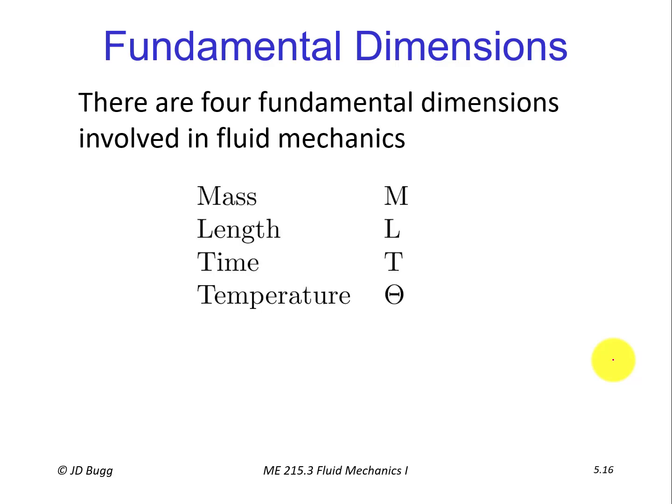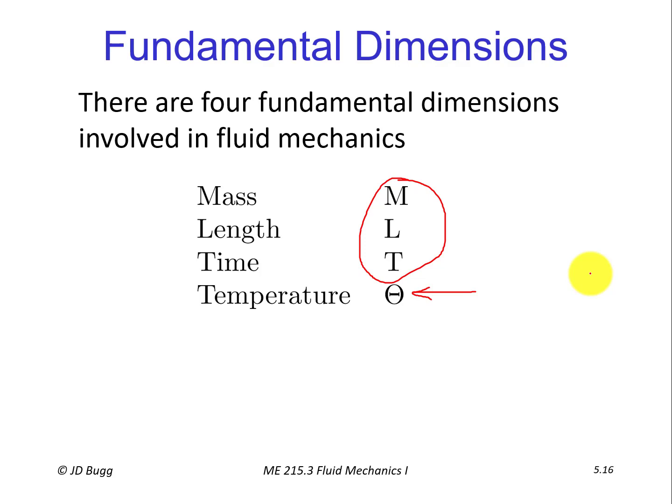So mass, length, time, and temperature. And the symbols that we're going to be using as we go forward for these are capital M, capital L, capital T, and because we use T for time, we can't use it for temperature, so we use this uppercase theta for temperature. Temperature is not a very important variable in this course, so primarily it's the first 3 of those that we're going to be using.